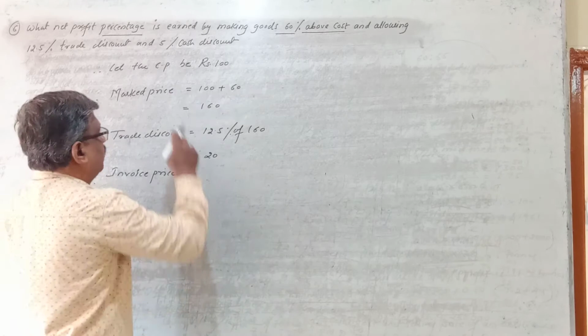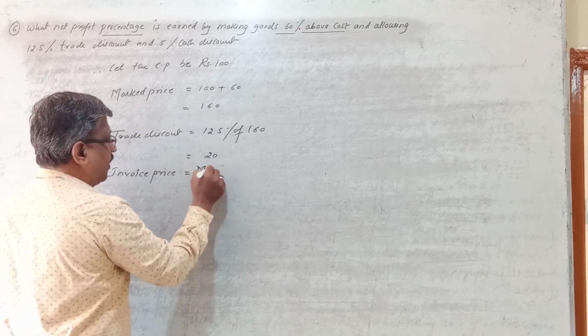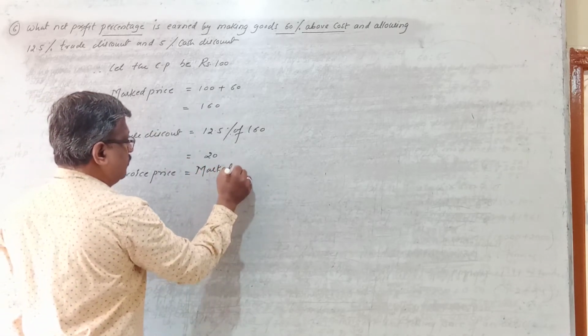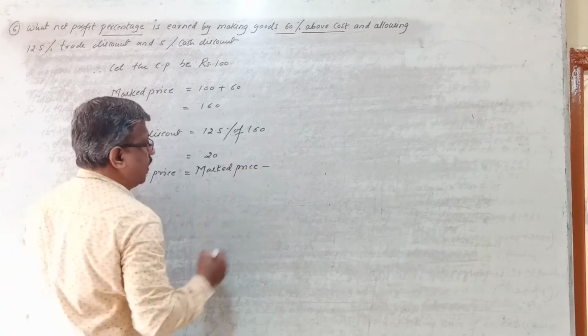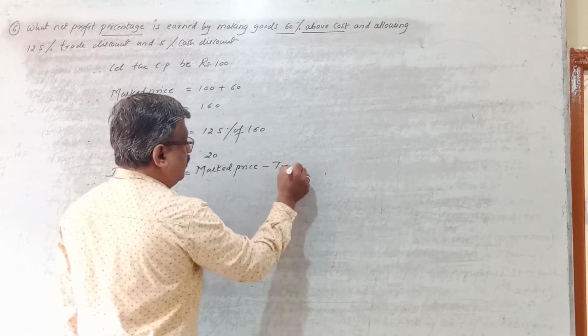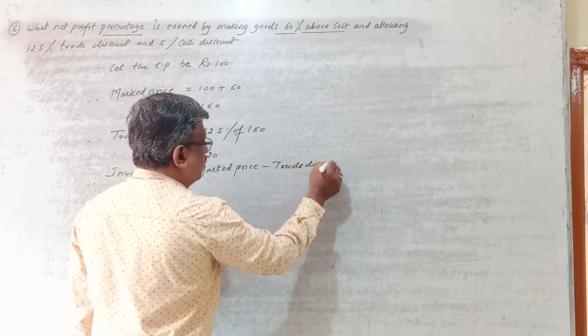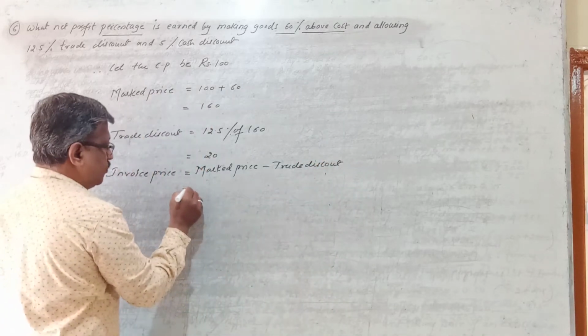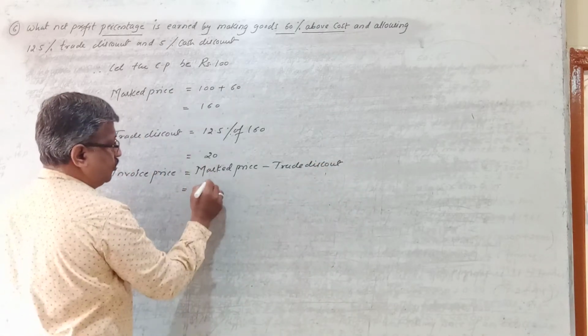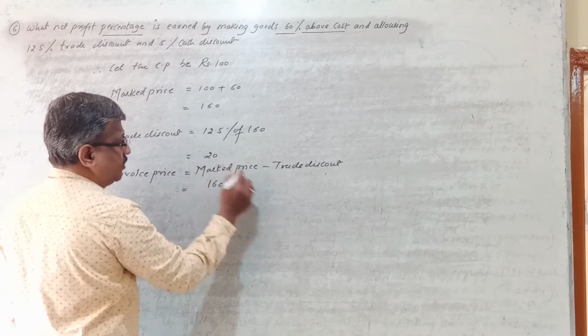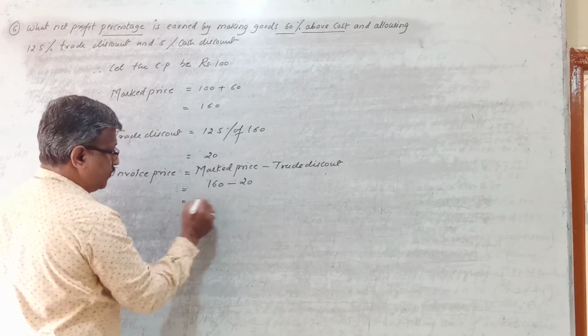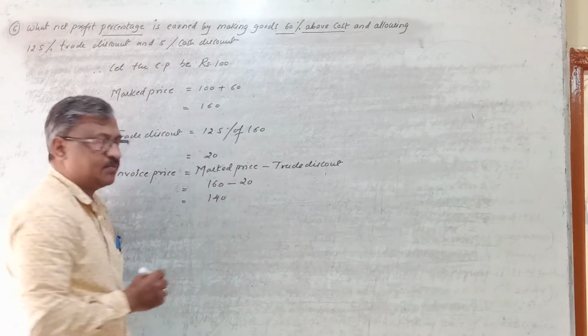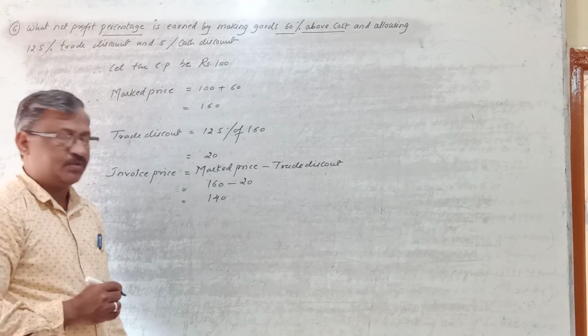How to calculate the invoice price? From the marked price, you have to minus trade discount. So what is the mark price? 160 and trade discount is how much? 20 rupees. So my invoice price comes to 140 rupees.